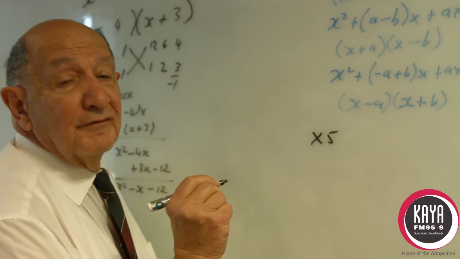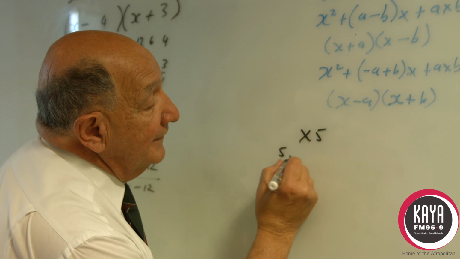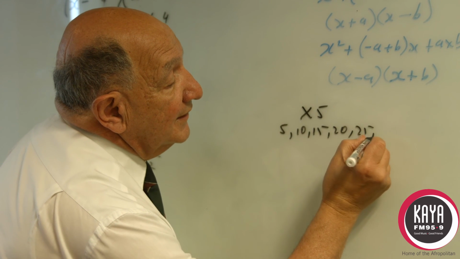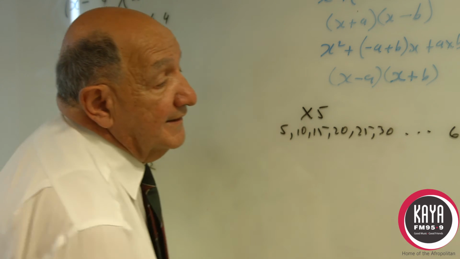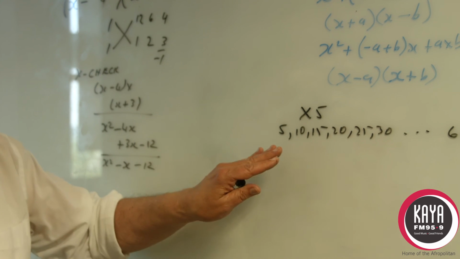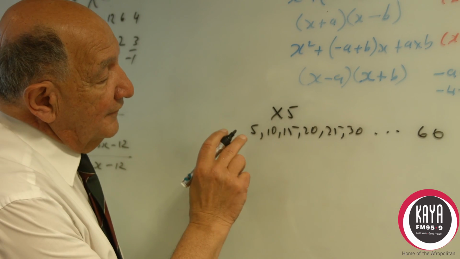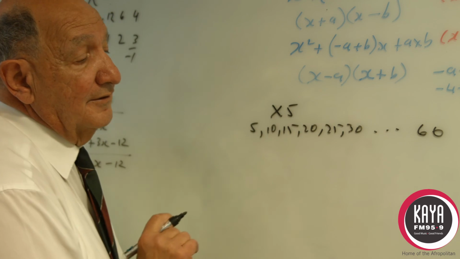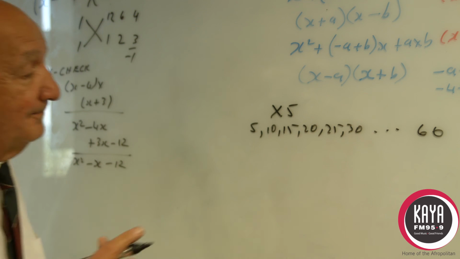If we look at the 5 times table, it is 5, 10, 15, 20, 25, 30, and so on, up to 60. If you look at these numbers sequentially, of course, you're going to find it's odd, even, odd, even, odd, even, and it continues. Therefore, it has a cycle of 2 numbers.